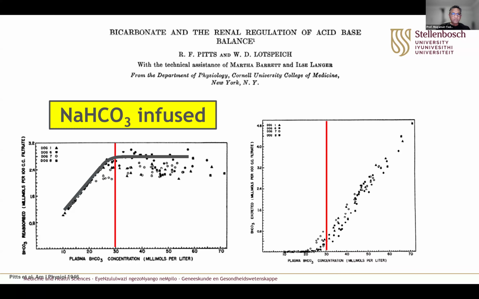The minute the bicarbonate concentration went above 30 millimoles per liter in these dog experiments, there was no longer renal reabsorption of bicarbonate, and the dogs had bicarbonaturia at a renal threshold of around 30, as can be seen here as well.